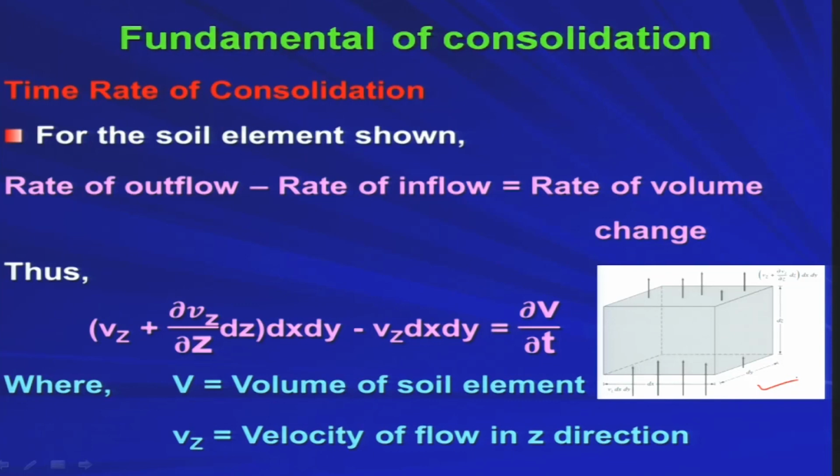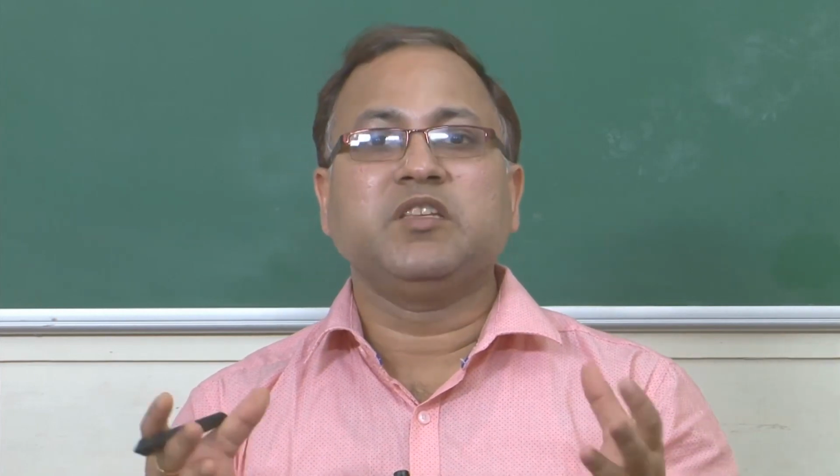Rate of outflow minus rate of inflow, that means the difference between the amount of water going out and going in, will be nothing but the rate of volume change. Am I right or not? Because whatever is entering and whatever is going out, the mismatch is happening due to the volume change of the soil deposit.